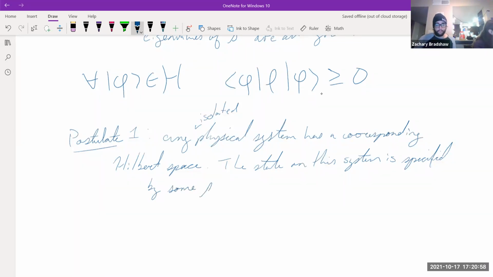So some rho such that rho is positive semi-definite and has trace 1. So it's a valid density matrix.